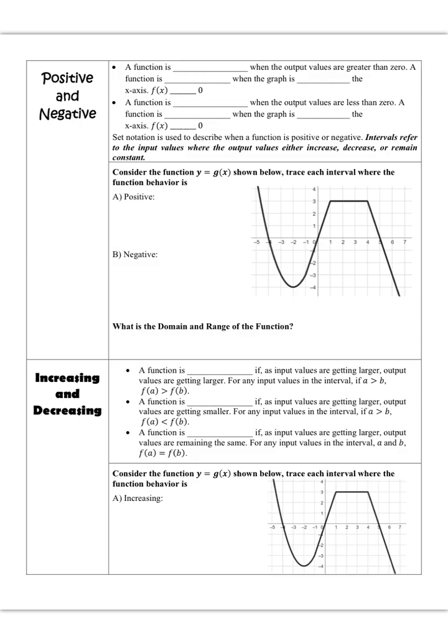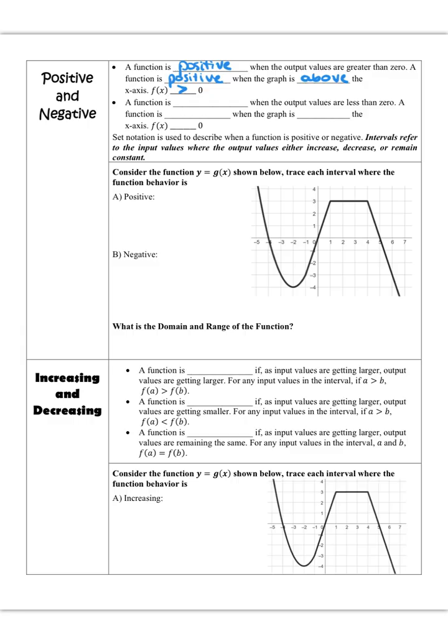Positive means when the output values are greater than 0. So we say it is positive when it is above the x-axis, or when f of x is greater than 0.